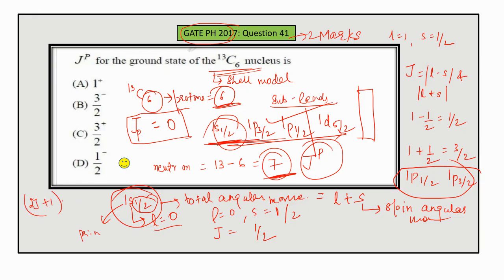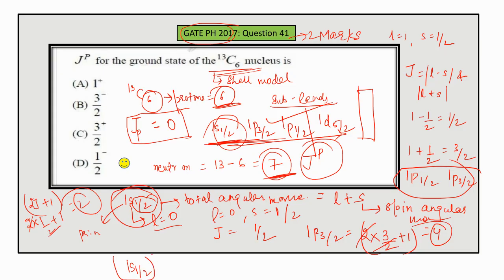So 1s 1/2 will accommodate 2 neutrons or protons, and 1p 3/2 will accommodate 2 into 3/2 plus 1, which is equal to 4. Now just start filling these sub levels. I don't have space, I should go there. So 1s 1/2 takes 2 neutrons. Then 1p 3/2. You should be aware of these orderings.